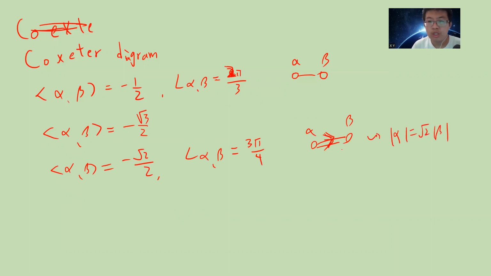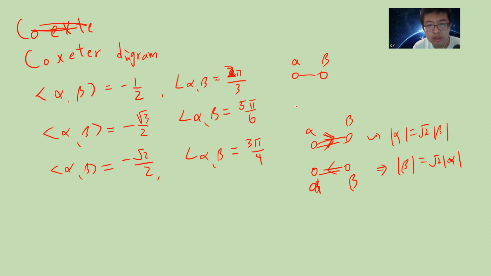But in our admissible configuration, we will do the normalization. This is important. I just want to tell you that in the original simple roots, if I draw it this way, it means that alpha is square root of 2 times beta. If I draw it conversely, let's call this alpha and this beta, it means that beta is square root of 2 times alpha. And also for this one, the angle is 5 pi divided by 6, and then we will draw something like this, and alpha is square root of 3 times beta, and vice versa.